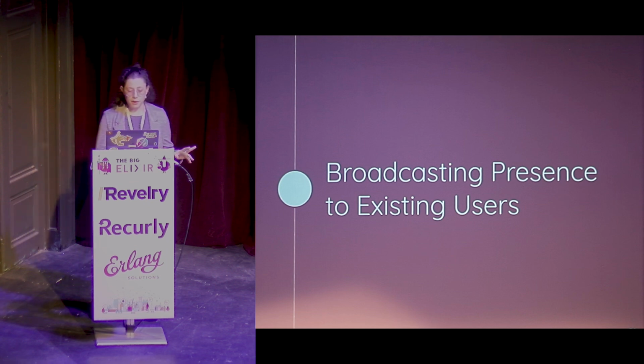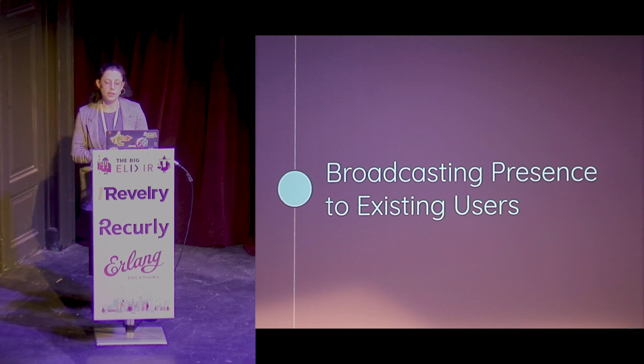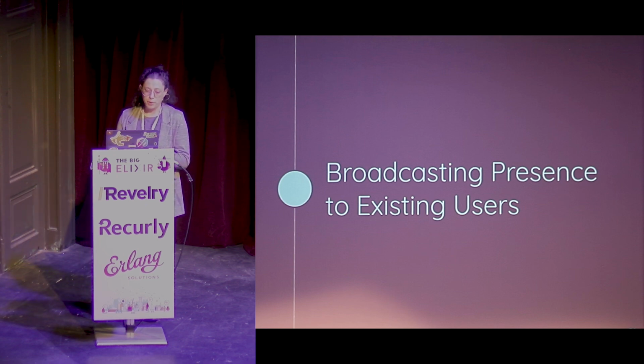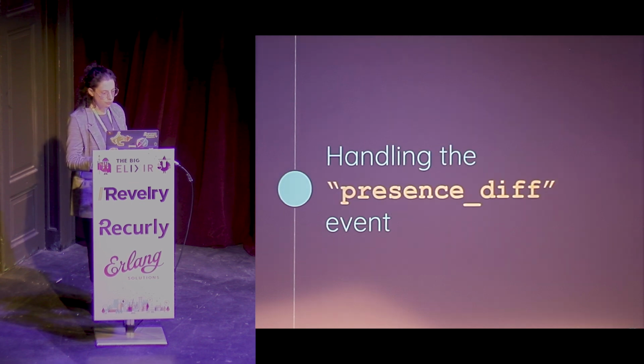Recall that all of our LiveView processes use PubSub to subscribe to the chat room topic on mount. Since presence is tracking users under that same topic and sharing a PubSub server with the rest of our app, our subscribing LiveView processes will receive this presence_diff broadcast from presence. So we can use the handling of this event to have each subscriber grab the latest list of users and render them on the template.